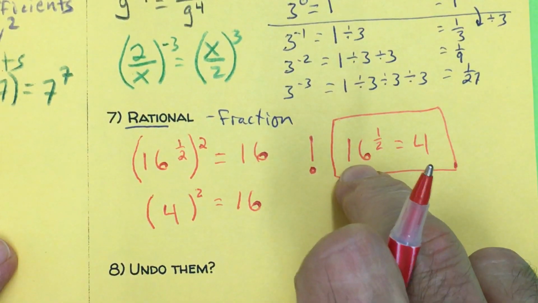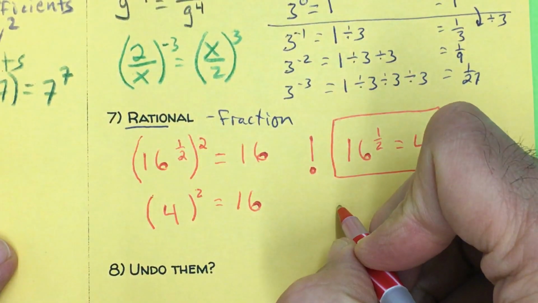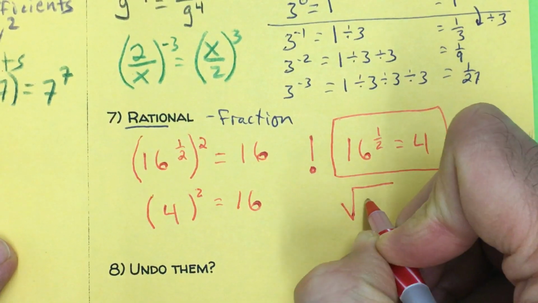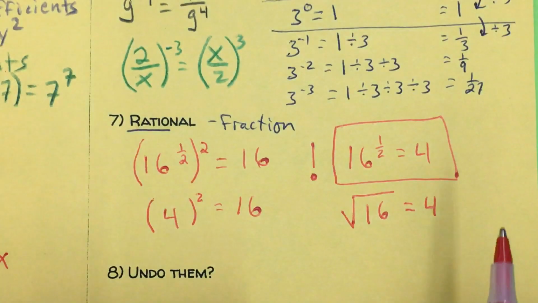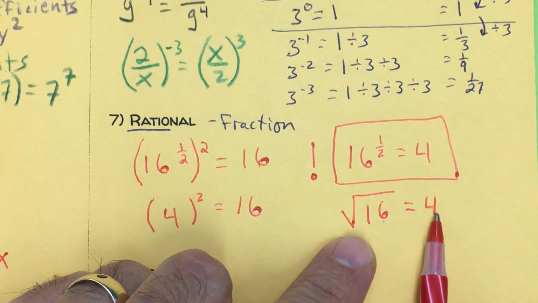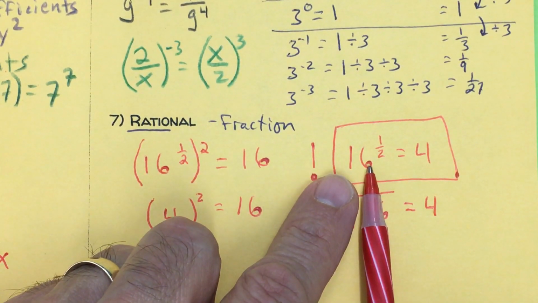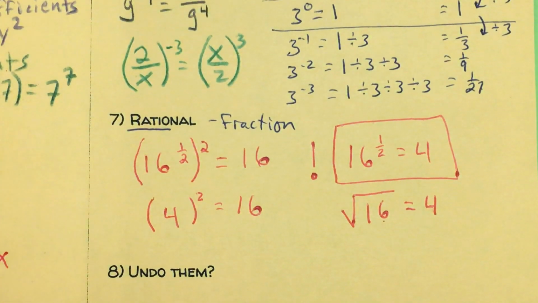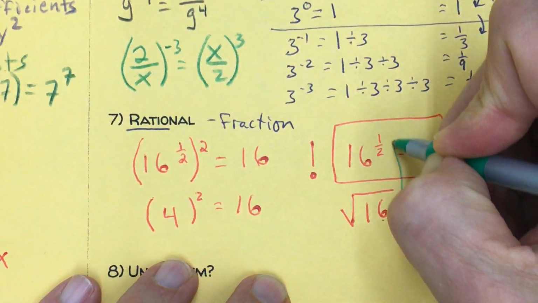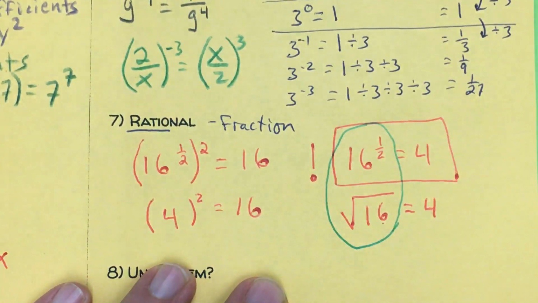What do you do to the number 16 to get a 4? Isn't the square root of 16 the same as 4? The half power of 16 is 4. So these two are the same.